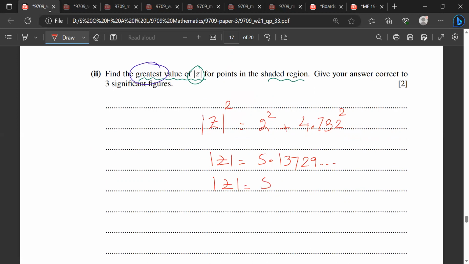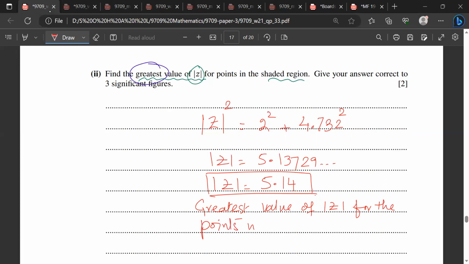So 5.14 is the greatest value of modulus of z for points in the shaded region.